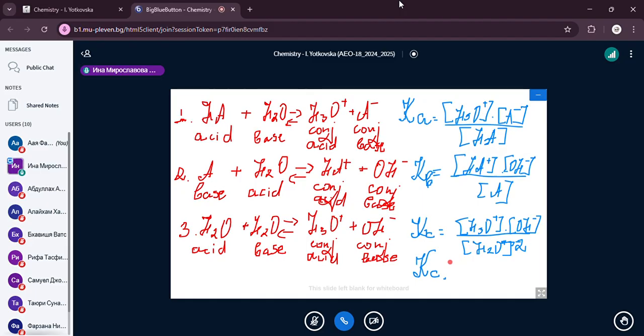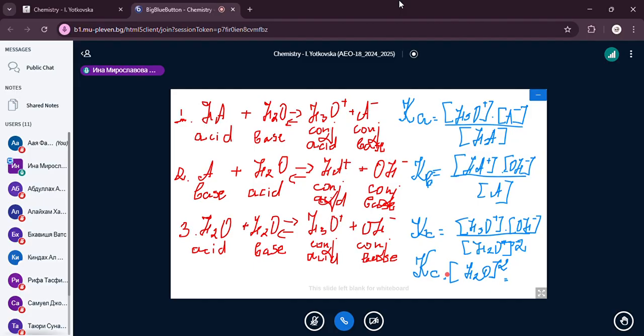So it's experimentally and theoretically proved that the concentration of the water raised on the power of 2 is equal to 55.56 mole per liter, and the value of the Kc for this process is equal to 1.86 multiplied to 10 raised on the power of minus 16.